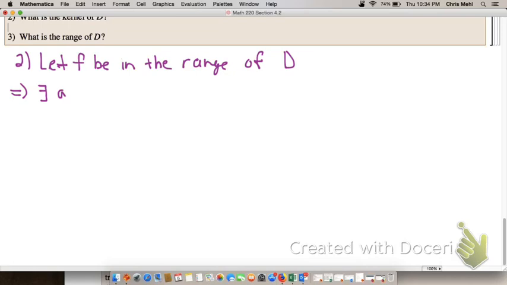So there exists a capital F in V. So there's a differentiable function whose derivative is continuous. So there's an F in V so that D of capital F equals lowercase f.